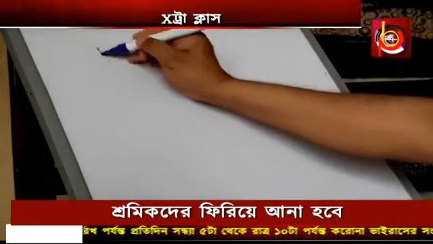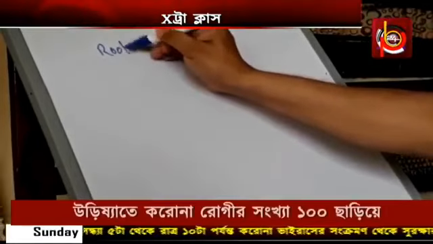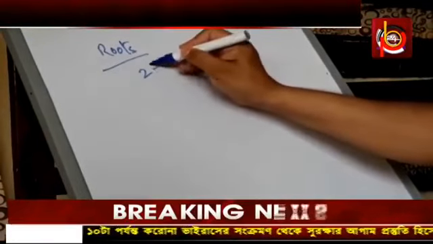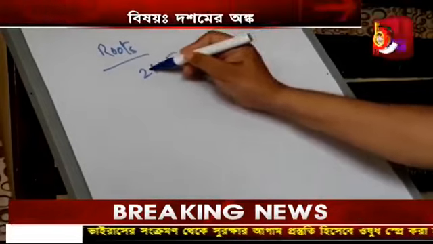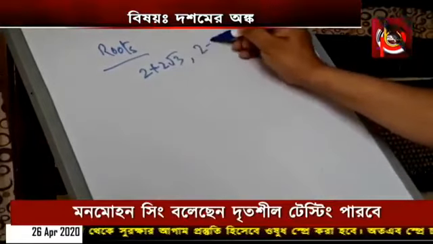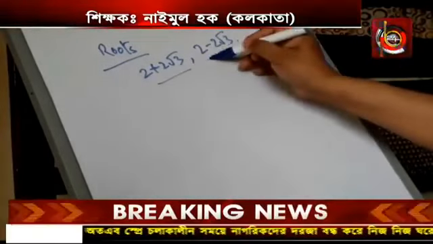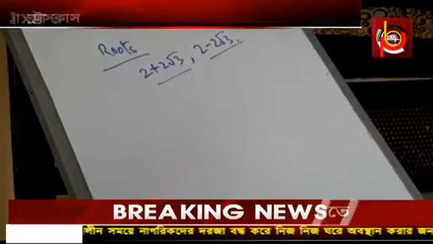Now we can show you another sum. Sometimes roots are given. Let the roots be 2 plus 2 root 3, and 2 minus 2 root 3. We have to find the equation. This is obviously irrational.